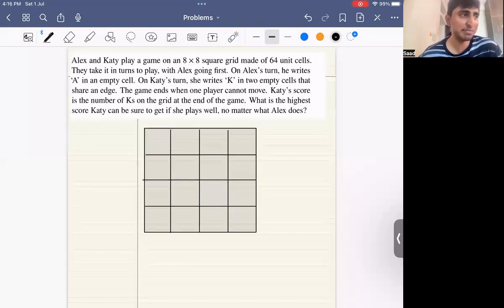Katie must have a strategy to maximize the number of cells she fills, and Alex must have a strategy to thwart Katie's attempts at maximizing her score. And yet Katie should be able to fill a certain number of cells. So what's that maximum score, assuming that Alex plays at his best? That's what I have inferred from the problem.